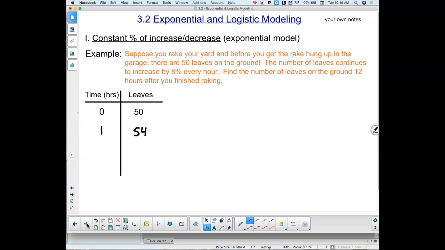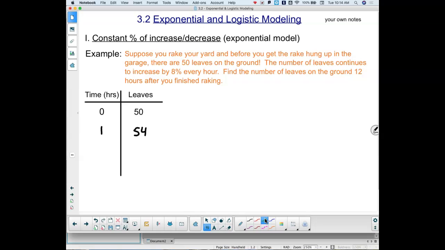Give me one way that you can come up with 54. Go ahead, Ted. Take your starting amount of leaves times 1.08. Yeah, 1.08. And so 1.08 times 50 is 54.